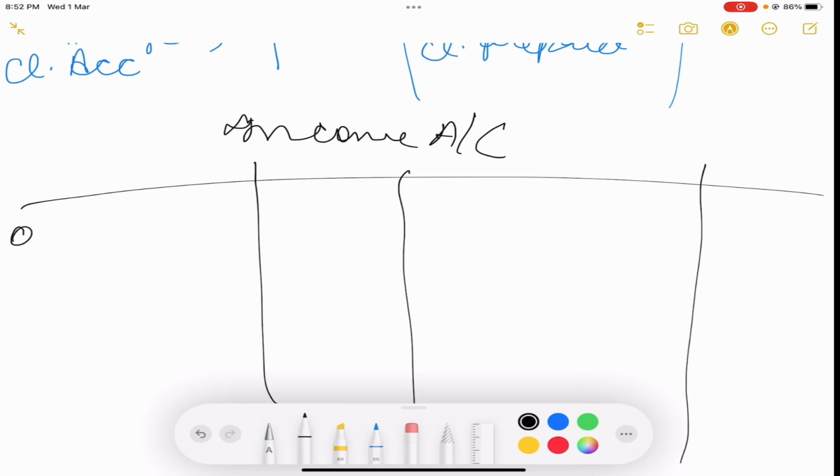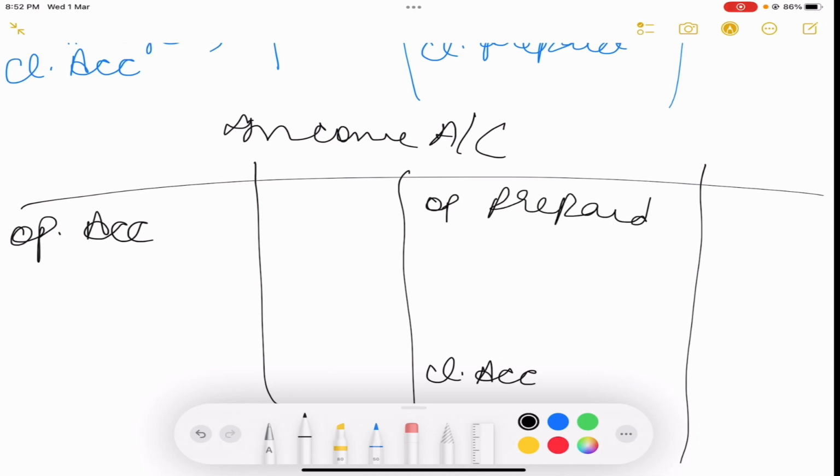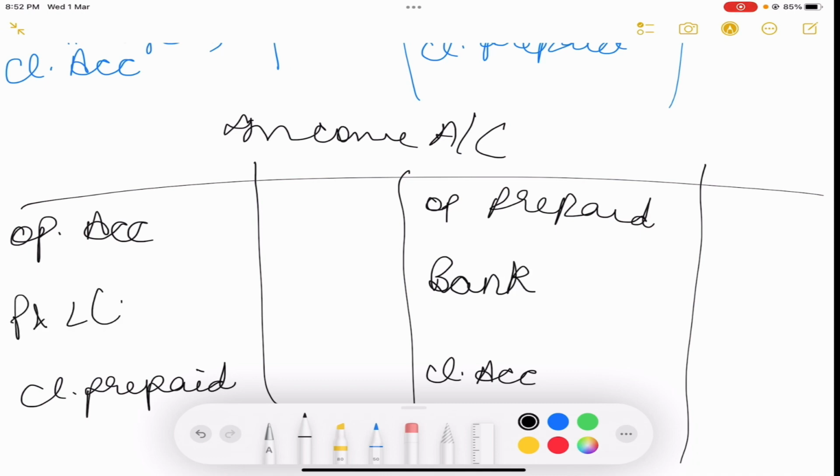This is the opening accrued, closing accrued, opening prepaid, closing prepaid, and in income, bank increases. So bank account debit, credit income. Bank is the total amount which is received during the year. This is the P&L, which is the balancing figure. And then you do the balancing.